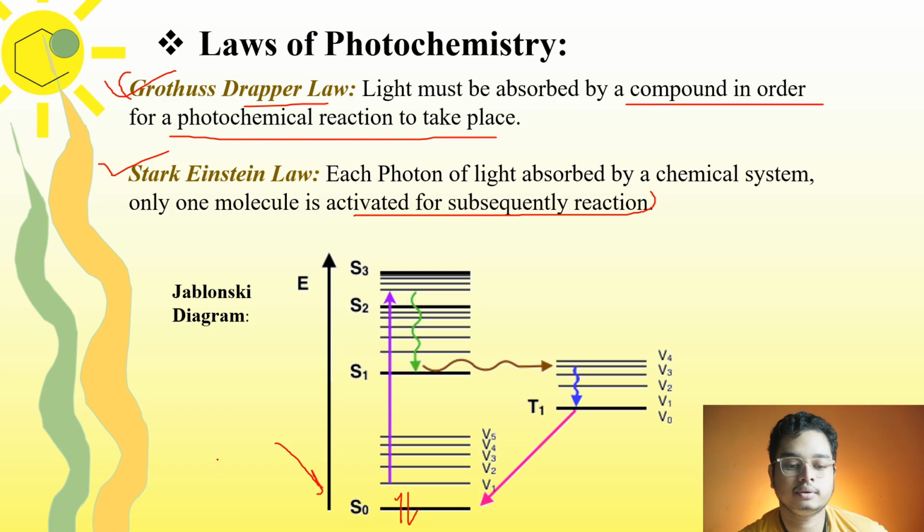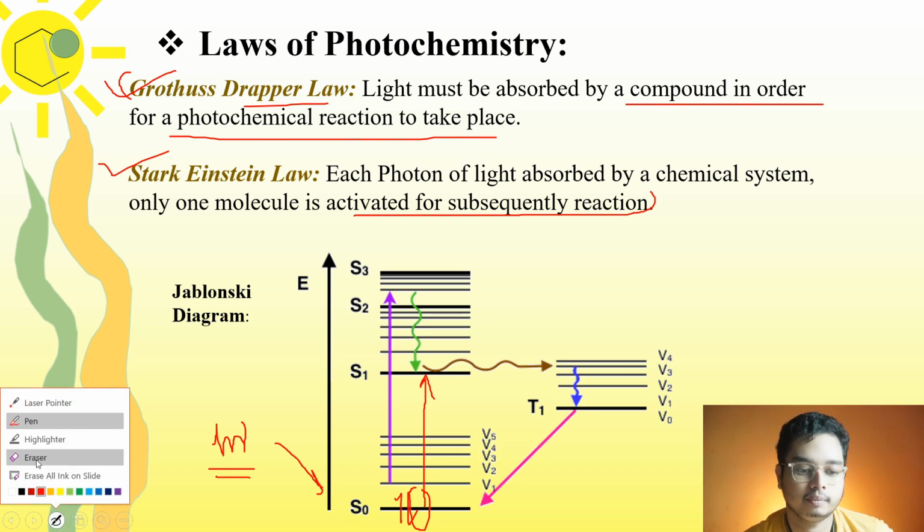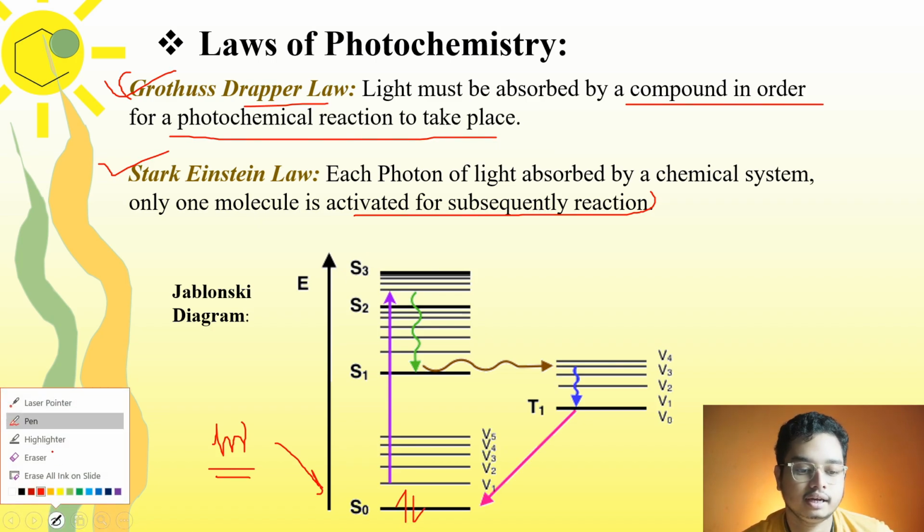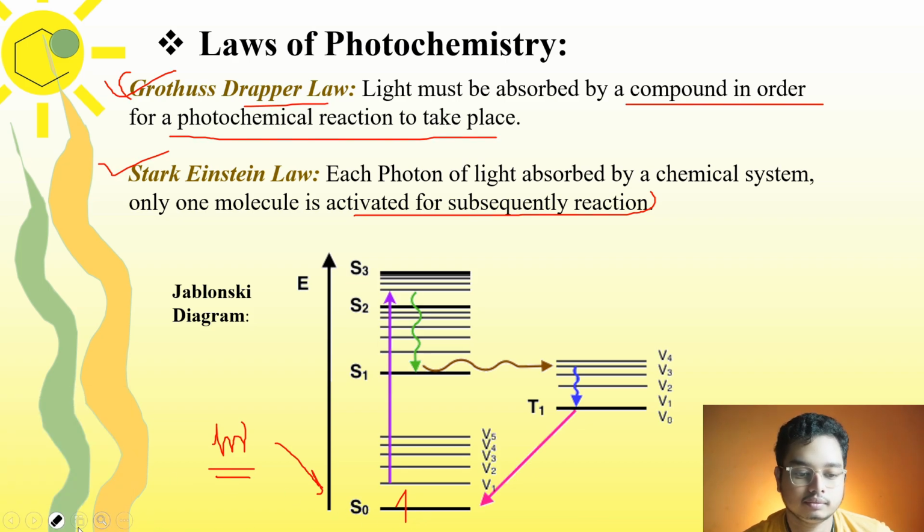Now, when it is irradiated by UV radiation, what happens? One of the electrons shows a transition from S0 to S1. Obviously, there is an energy gap, and the energy gap must be the same as the irradiating light energy. Then it will show a transition. Initially it was something like this, and now one of the electrons moves here.